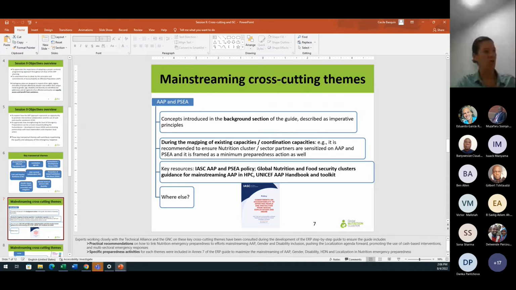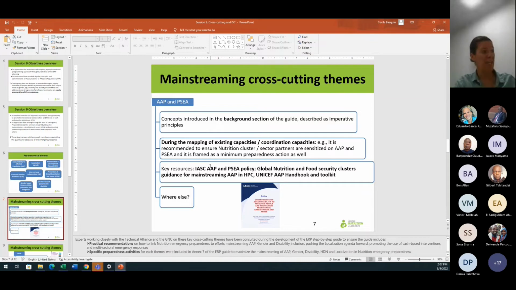And you'll see that during, for instance, step 3, mapping existing response capacities, it is recommended to make sure that your nutrition cluster partners are well sensitized on these key accountability to affected population principles. And if they are not, then you frame it as a preparedness action.